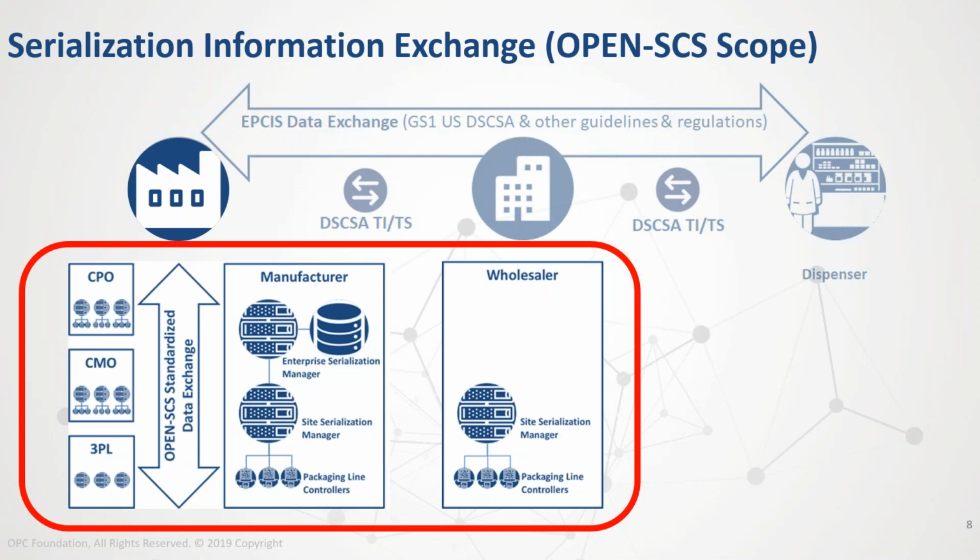We're dealing with the manufacturing, and it's not just the manufacturing within the company, but also manufacturing which can occur in a third-party packaging, the contract packaging organizations or contract manufacturing organizations across the entire enterprise, all the way from your enterprise serialization manager, which is really creating the numbers, all the way down to the packaging line where we're actually printing these or laser scanning these onto the products and then verifying that they're there, through your wholesaler where you split pallets and rebuild pallets, all these systems. This is the scope of what OPEN-SCS is dealing with.